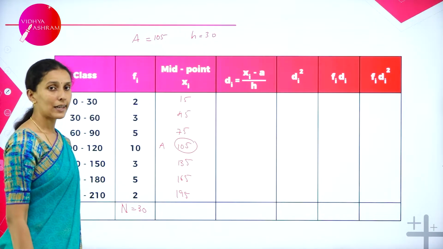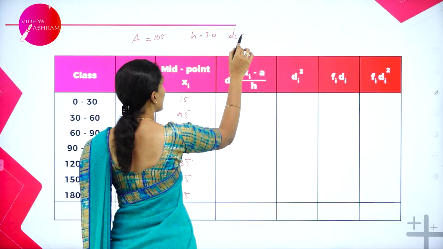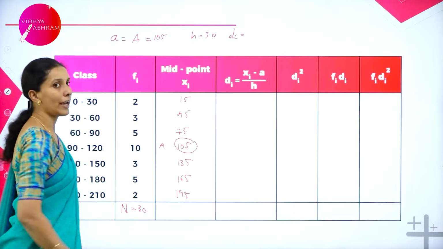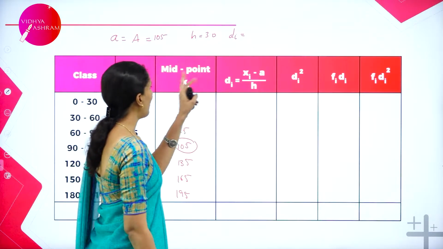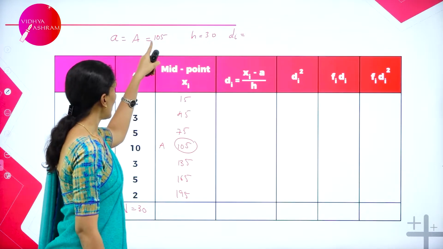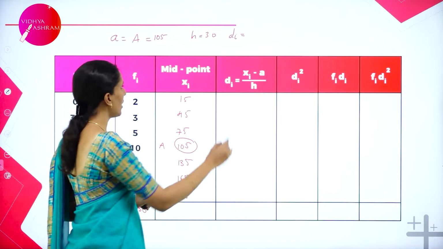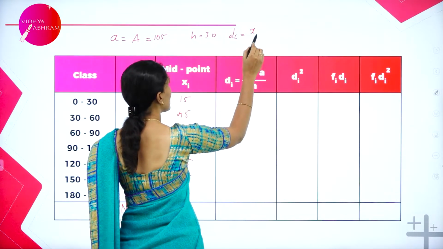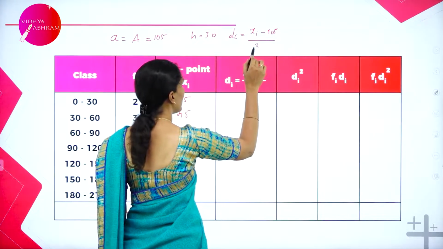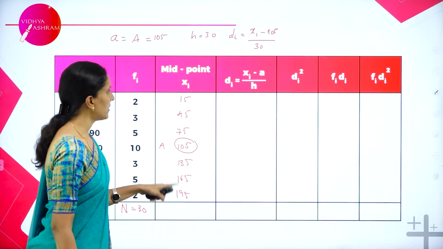Next, we want to calculate the deviation. How does this deviation work? Here di is the deviation from the assumed mean; sometimes you can take it as a small a also. You have to subtract the assumed mean from each observation and divide by h, that is 30. So it is xi minus 105 divided by 30, and you do the same for all observations.